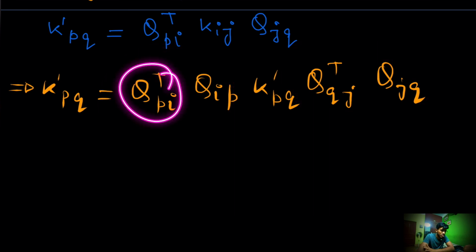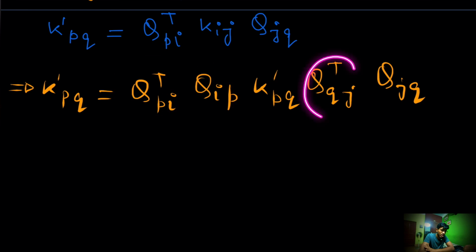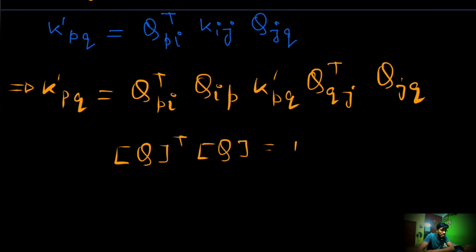And since it is Q transpose into Q, this is also Q transpose into Q. So we have Q transpose into Q as our identity matrix. So see, for transpose, A21 becomes A12, A31 becomes A13, A23 becomes A32, right?